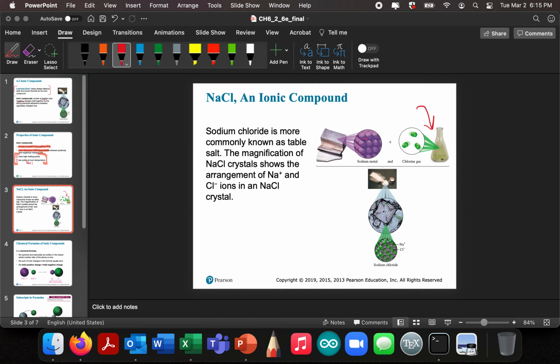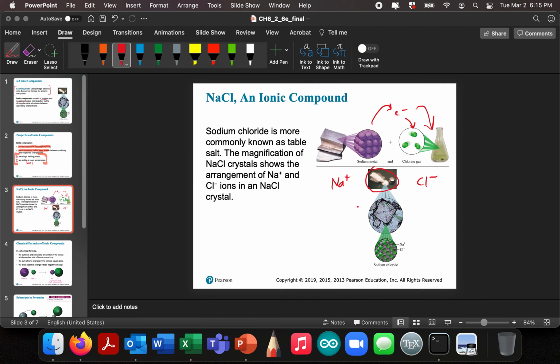And we take electrons from the sodium atoms, and we give them to the chlorine atoms, and we end up with sodium plus and chloride minus. After they become ions, then they go together in a white crystal that we call salt.